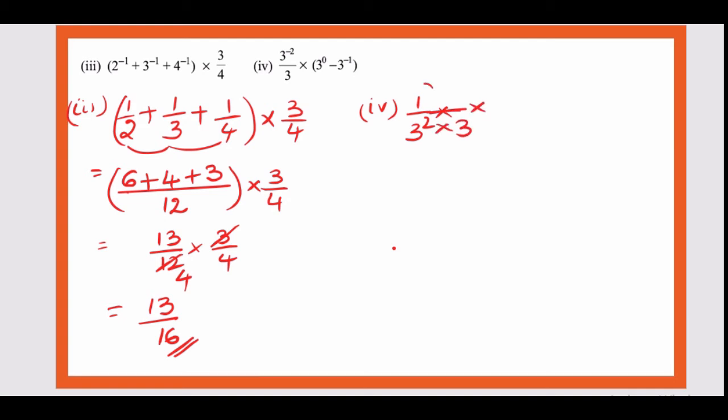So this is the first term. What is the value of 3 power 0? 3 power 0 is 1, minus 3 power 1 minus 1, which is 1 by 3. So I can write it as 1 by 3 square into 3. So 3 square is 9, and 9 threes are 27.